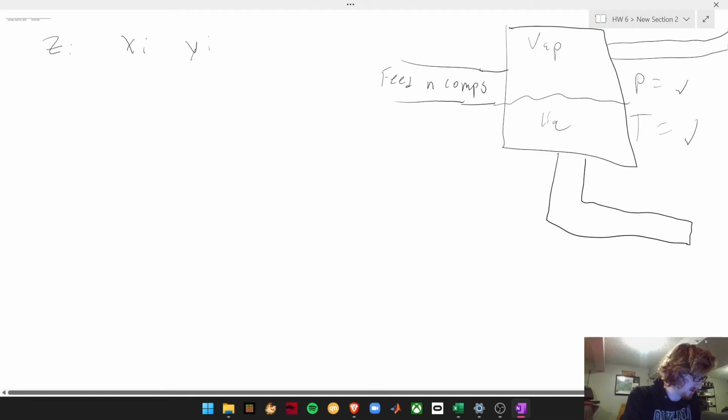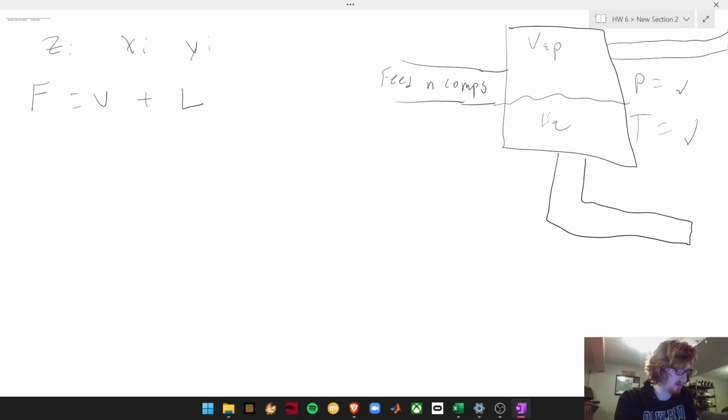And so if we define a few more things, F is going to be our total moles, and that is equal to the sum of the total moles of the vapor phase and the total moles of the liquid phase. And this is for our total feed.